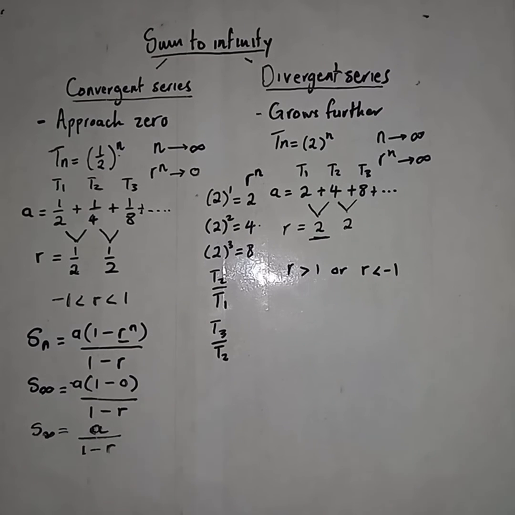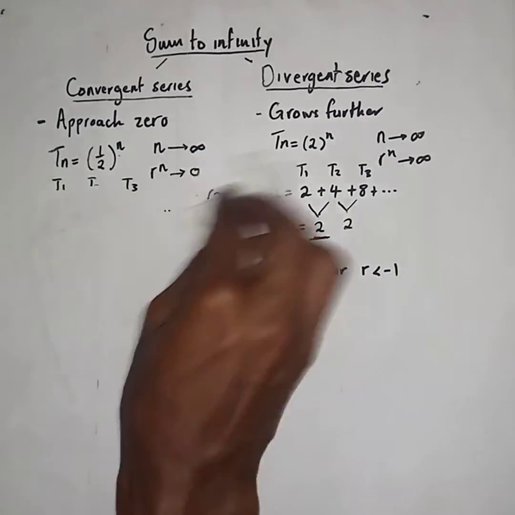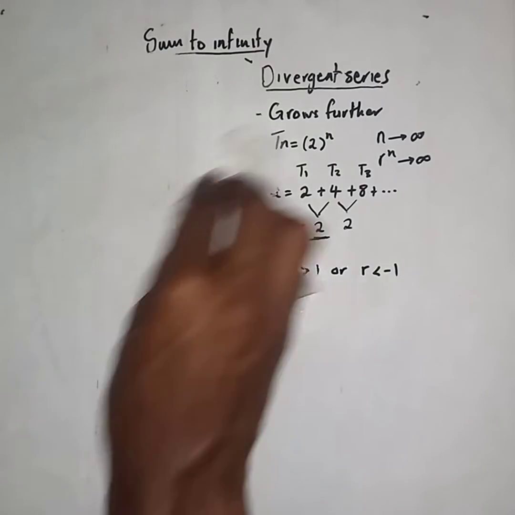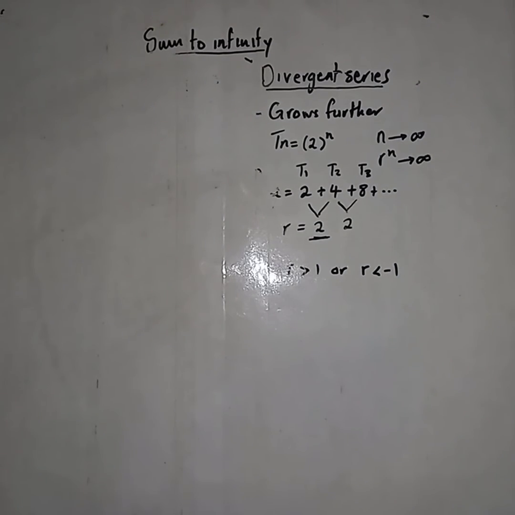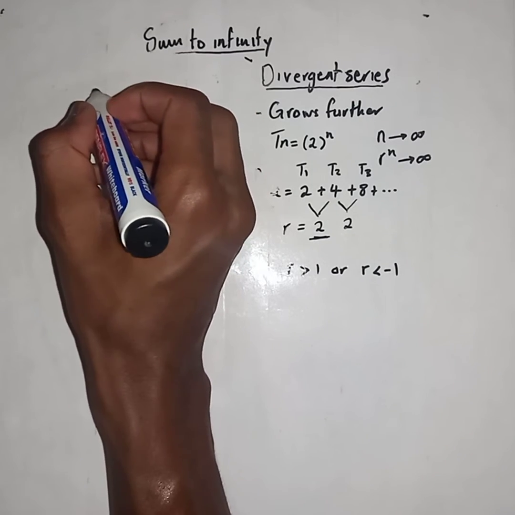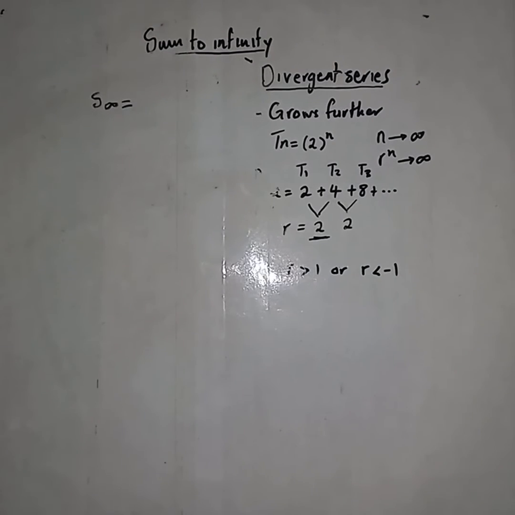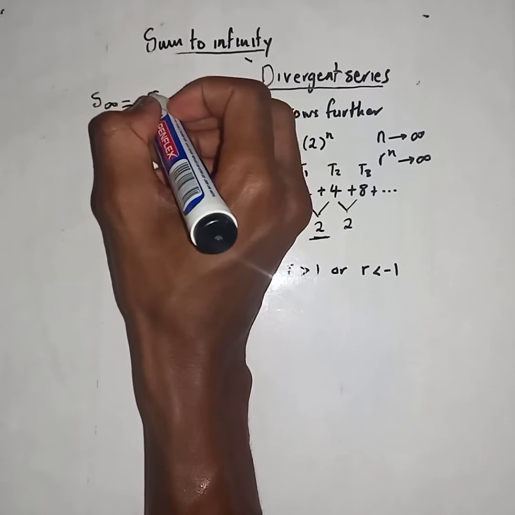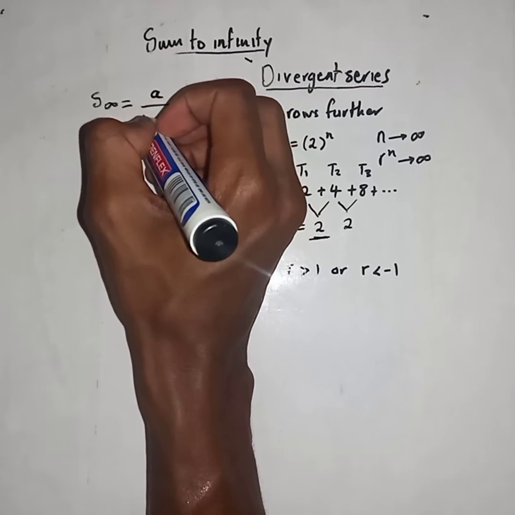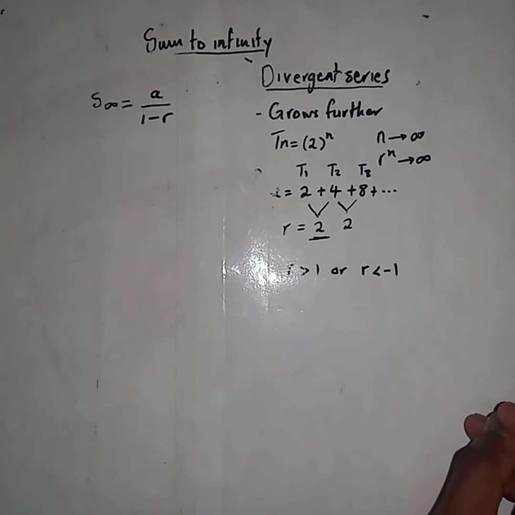Let me just erase here. I want us to apply this formula, sum to infinity is equal to a1 over 1 minus r. I hope you can see over there.